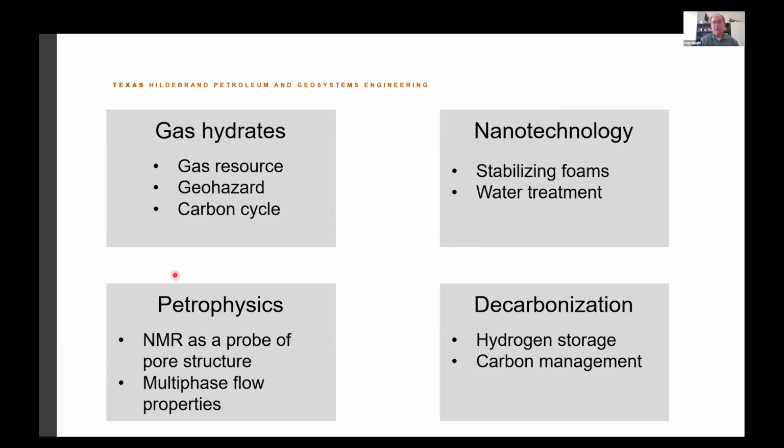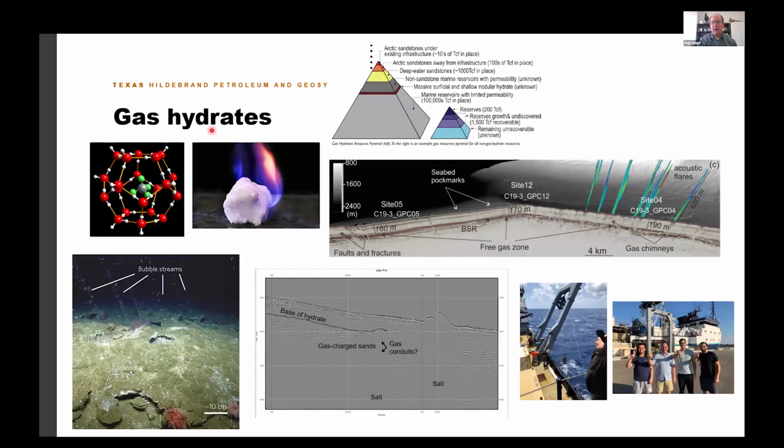I do fundamental petrophysical research, including a lot of use of nuclear magnetic resonance, for characterizing the pore system of rocks, and also looking at different multi-phase flow properties of rocks. And then we're getting more into decarbonization, as are many people. This includes some work on subsurface hydrogen storage, and then a new research initiative on carbon management that we're trying to get going. So here's some examples of what we do with gas hydrates.